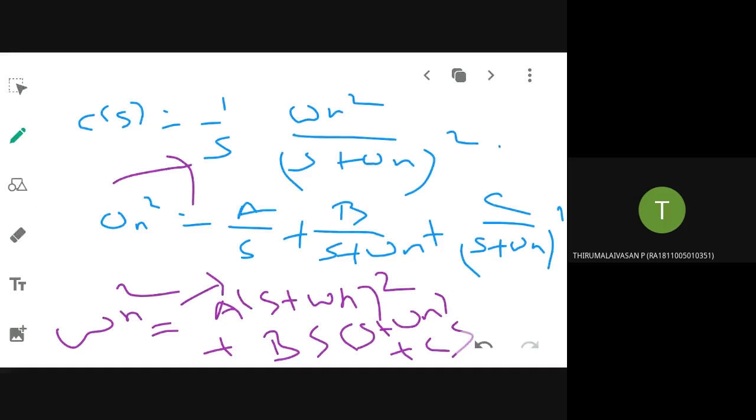Souvik Pan is present. Hritik Mukherjee present or absent? Come on, somebody tell me what are A, B, C. Tirumala Vasan finished?